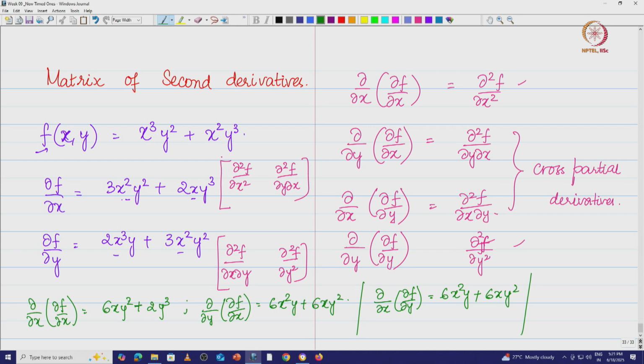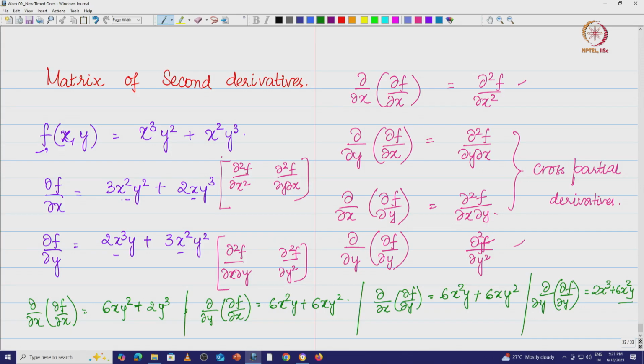And I am going to look at the last one, which is nothing but dou by dou y of dou f by dou y, which is nothing but 2x cubed plus 6x squared y. Right, these are the four partial derivatives that we have.